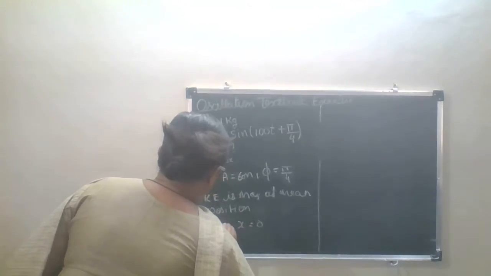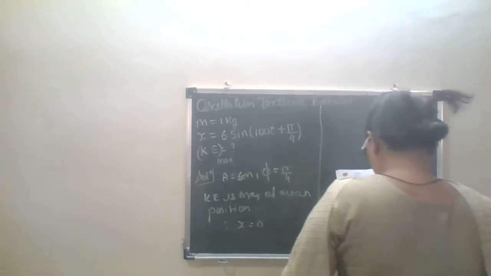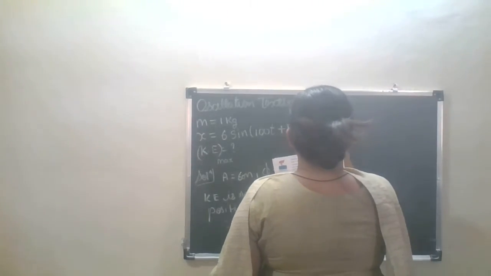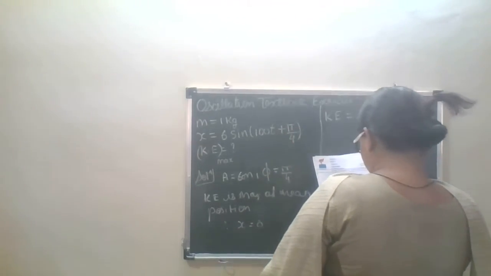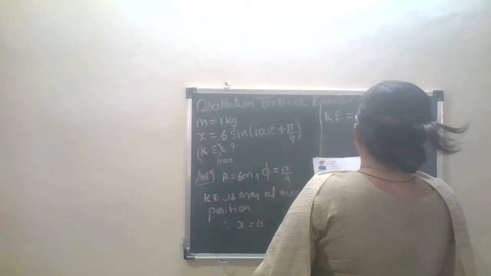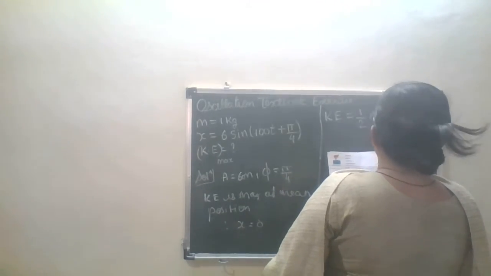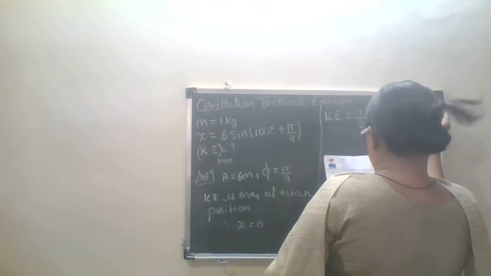Therefore we can write x is equal to 0. And then further we will solve: kinetic energy is 1 by 2 into m into omega square into a square minus x square.